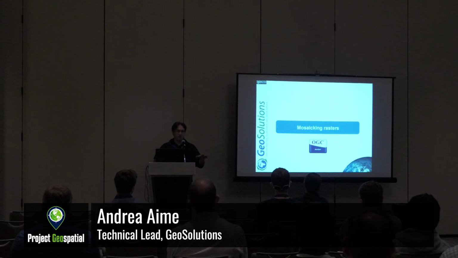Okay, so we have our catalog. We can access all the files directly or through the COG interface. What do we do with it? We typically mosaic them.